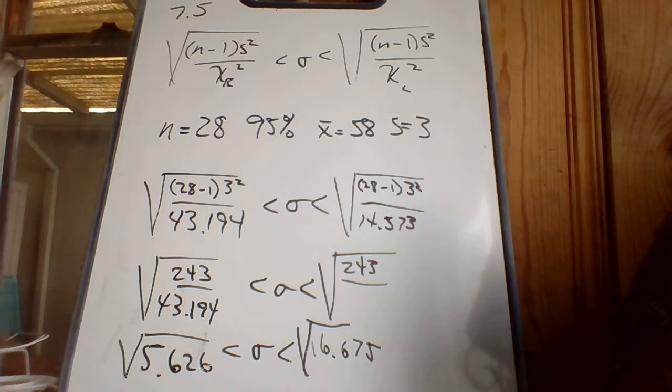Okay, and then I figure out what the square root of those is. So the square root of 5.626 is 2.37. Square root of 16.675 is 4.08.